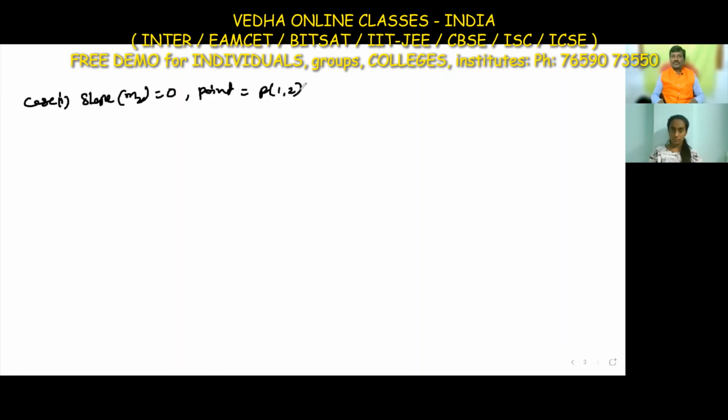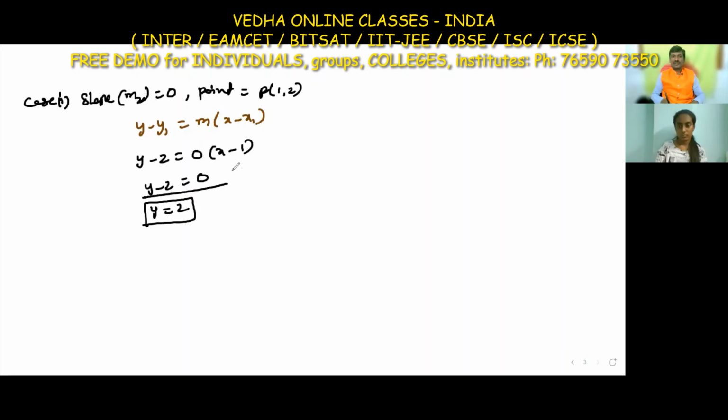The equation of the line in slope point form is y minus y1 is equal to m into x minus x1. Y minus 2 is equal to m into x minus x1. 0 into something is 0, so y minus 2 is equal to 0, or y is equal to 2. Either you can write it like this or like this.